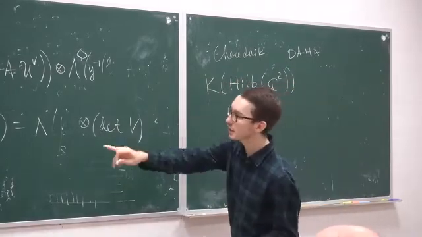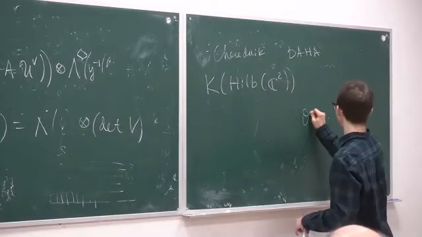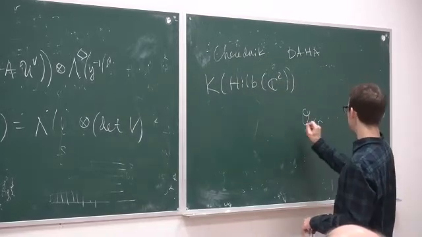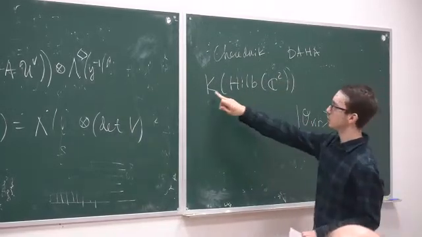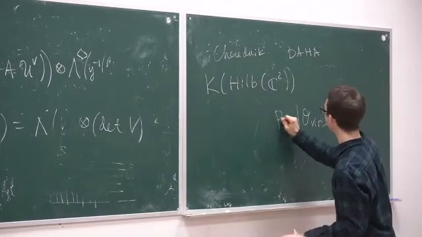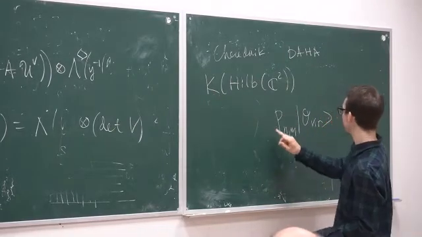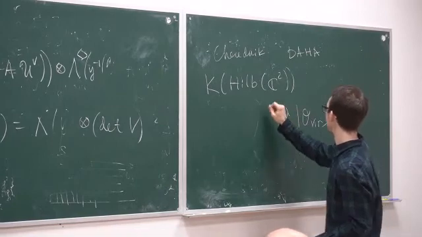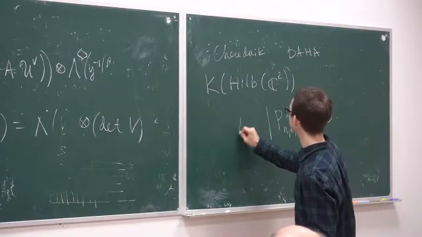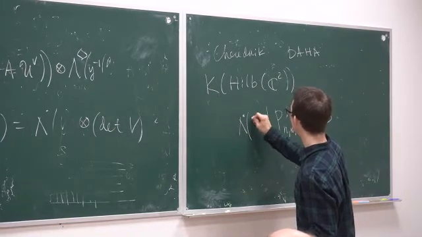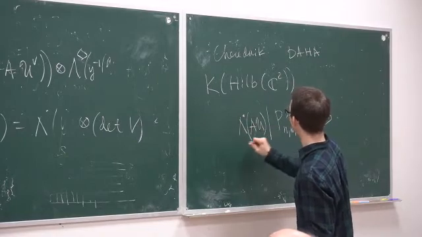Then the formula is the following. We take the virtual structure sheaf as an element of the K-theory, apply a certain operator, which I will explain later, and then take its pairing with the wedge algebra of A U.